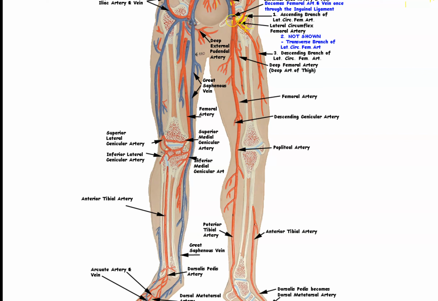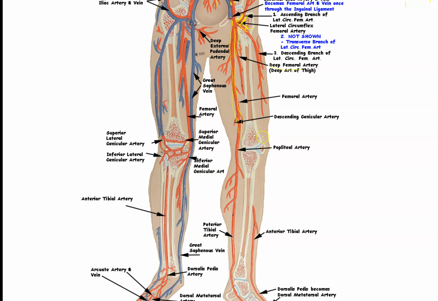So the femoral artery continues here, and the one that's more medial or deeper is your deep femoral artery. The femoral artery continues down the leg. You don't need to know its name here.